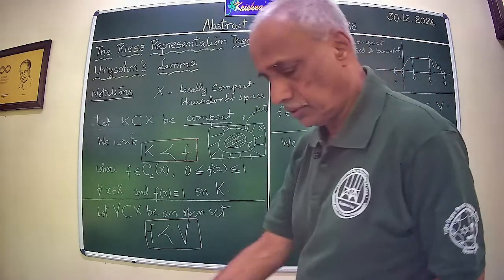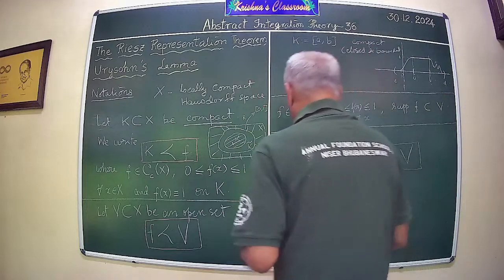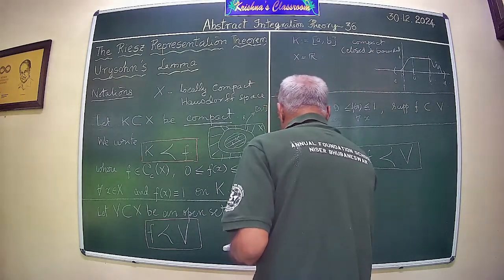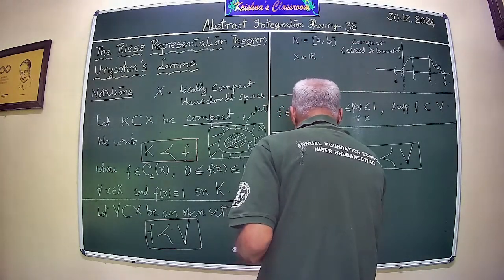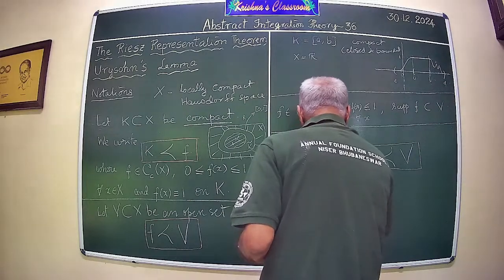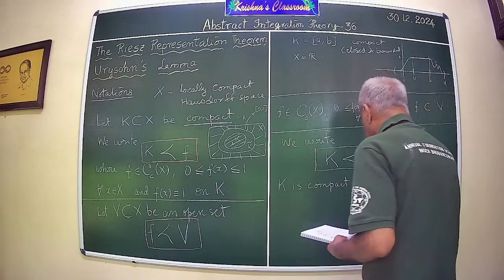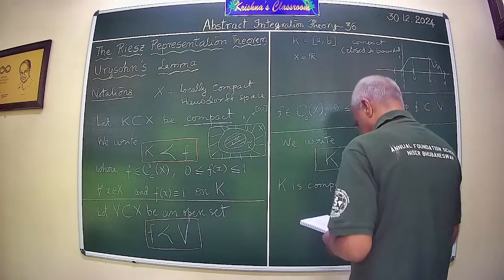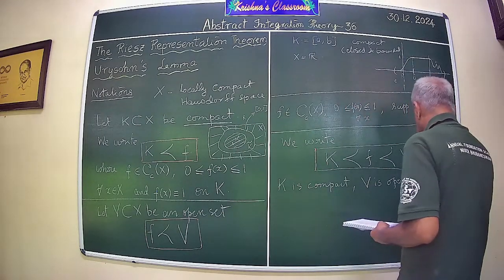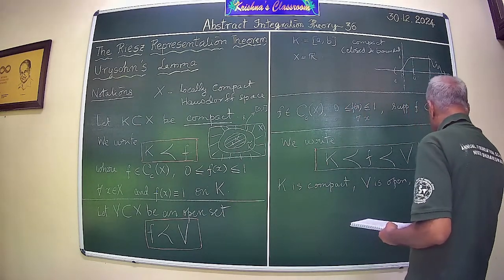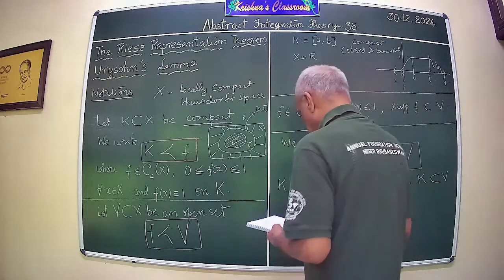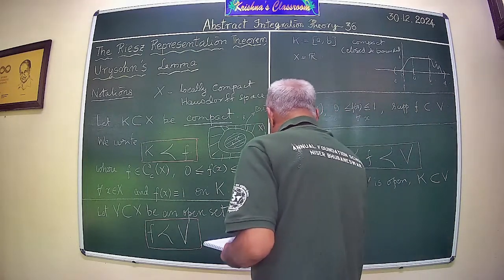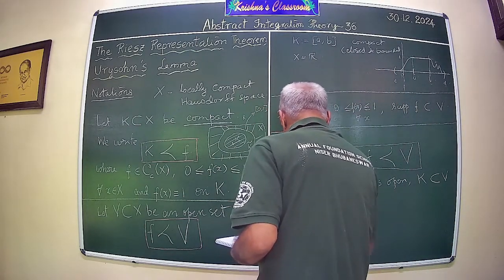Here K is compact, V is open, and K is contained in V, F belonging to C_c(X).